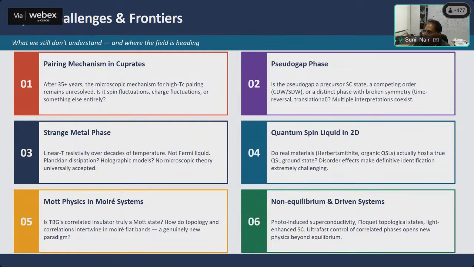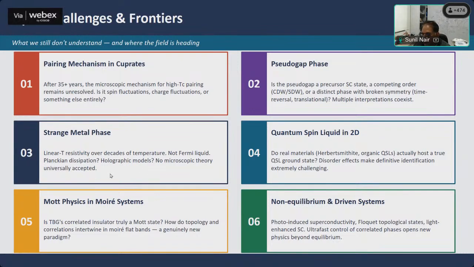Then similarly in both the cuprates as well as the heavy fermions and the pnictide superconductors, there is the concept of a pseudo-gap phase. Now, what is a pseudo-gap phase? Is it a real phase? Does it necessarily have well-defined phase boundaries? How does the pseudo-gap phase give rise to a superconducting phase? These are things which are again not understood enough.